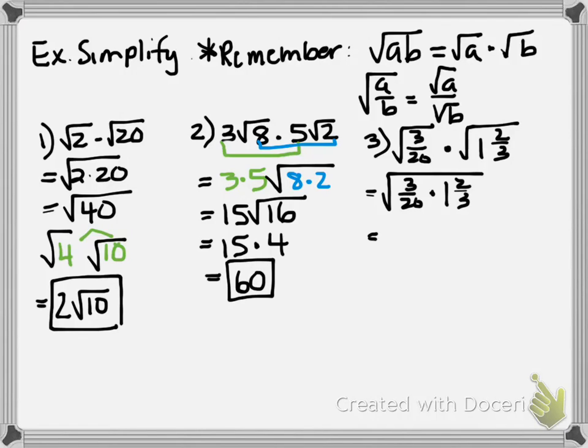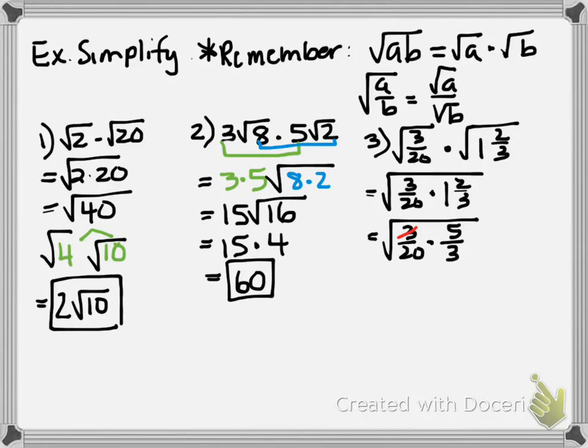We need to only multiply fractions. So what would I get if I changed 1 2/3 to an improper fraction? 5/3. So what I'm going to try to do is to simplify this problem before multiplying.